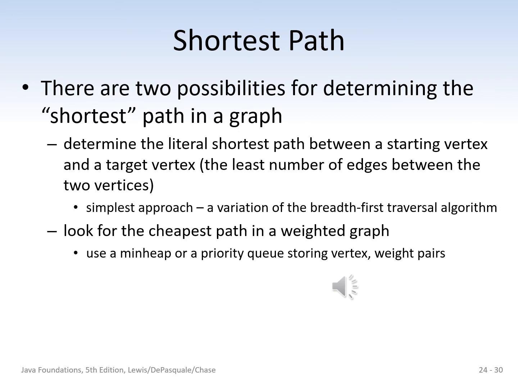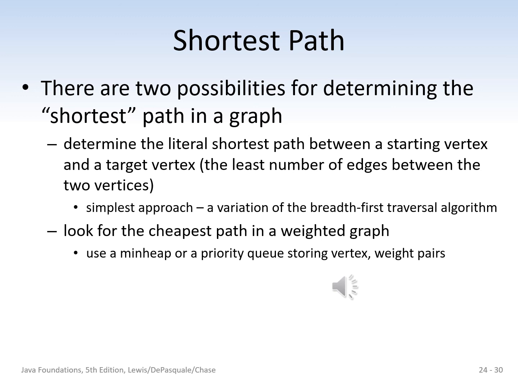There are two different approaches to determining the shortest path in a graph. The first approach is to determine the literal shortest path between a starting vertex and another vertex, in this case called the target vertex.